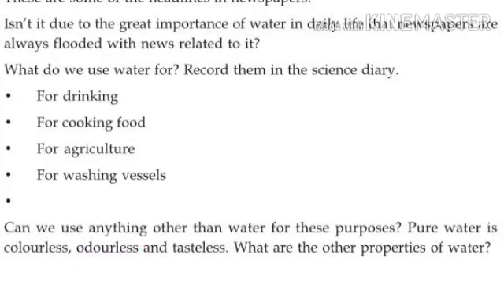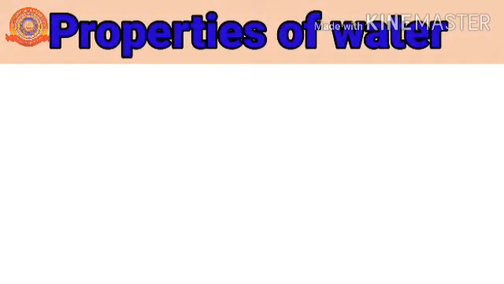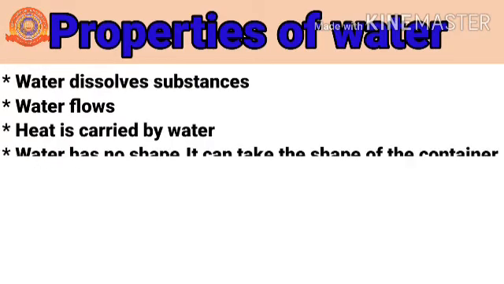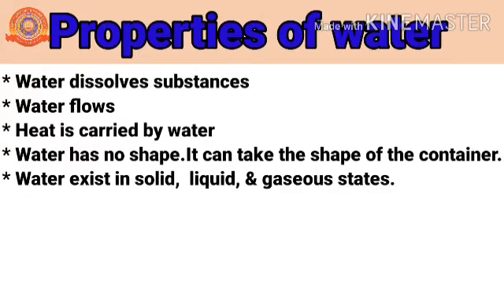What are the other properties of water? Yes, we have already learned in the previous classes that water dissolves substances. Water flows. Heat is carried by water. Water has no shape. It can take the shape of the container. Water exists in solid, liquid and gaseous state.